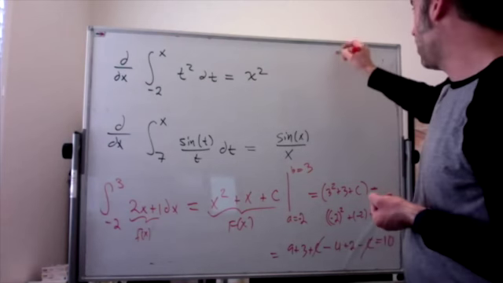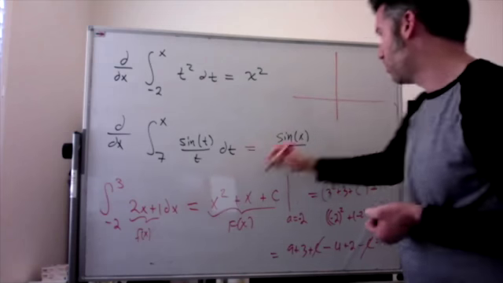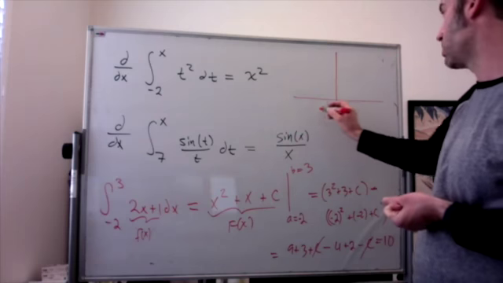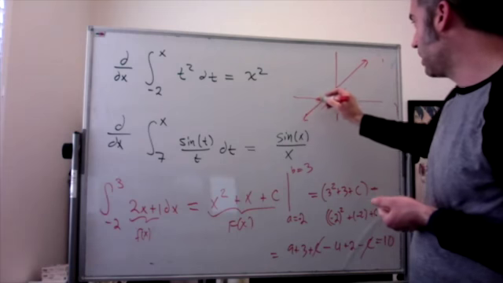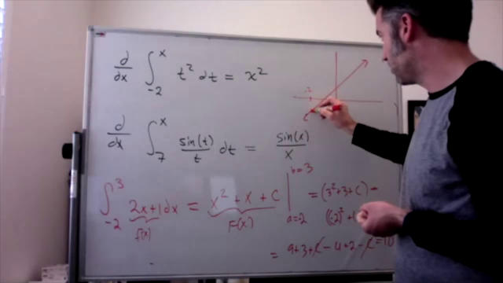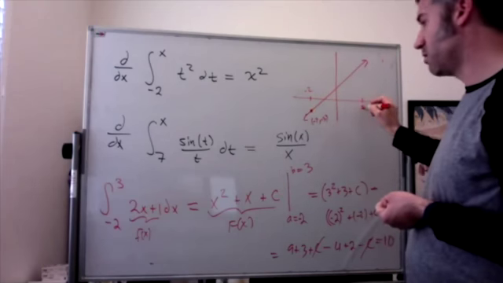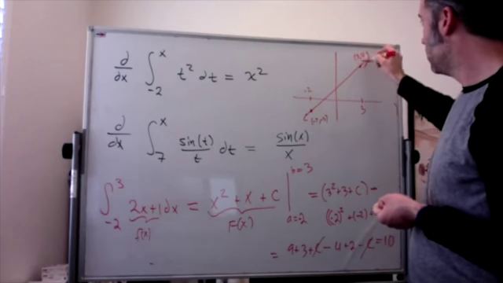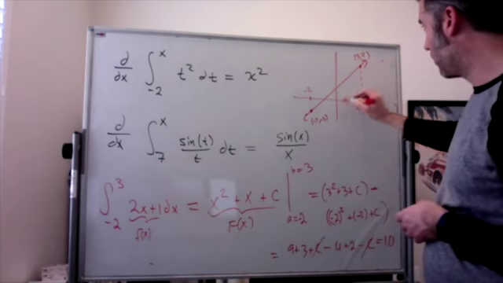If you look at the graph of 2x plus 1 from -2 to 3, it looks kind of like this. So at -2, when I plug in -2, I get -3. When I plug in 3, I get 7. So what this integral is calculating is the net area above the curve.